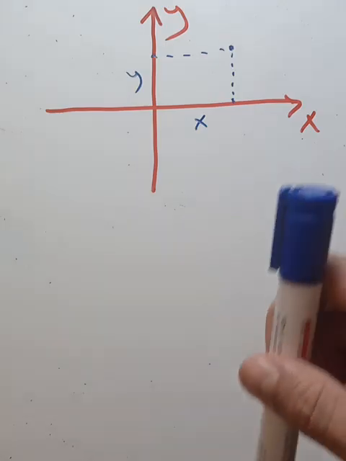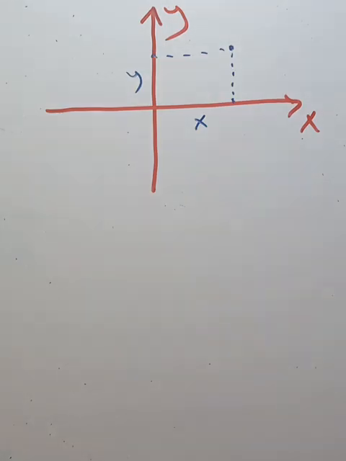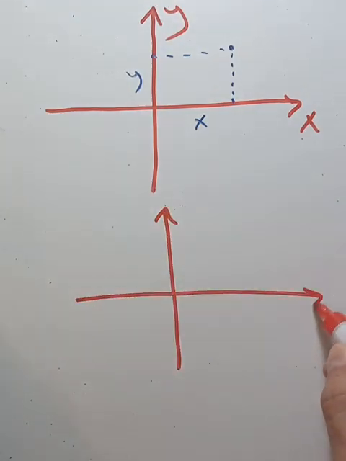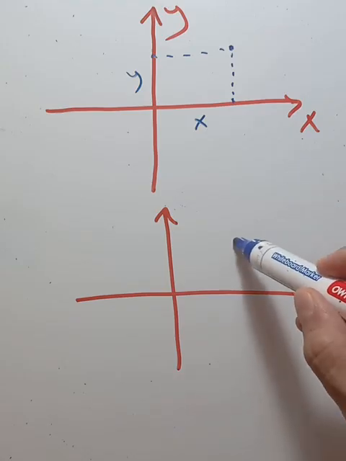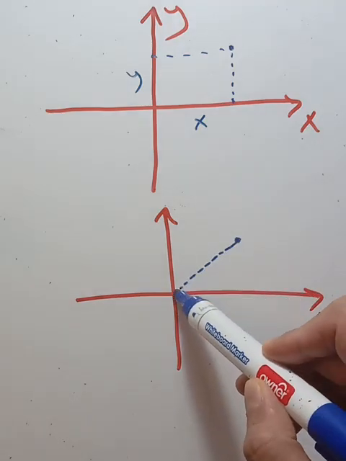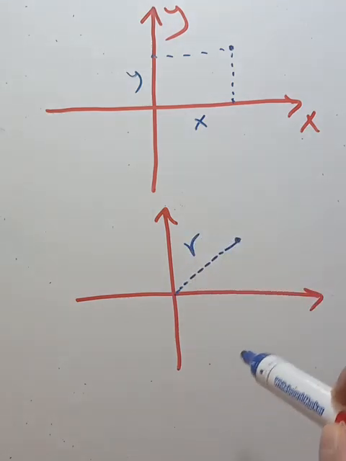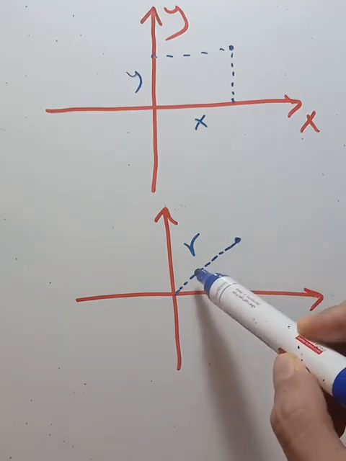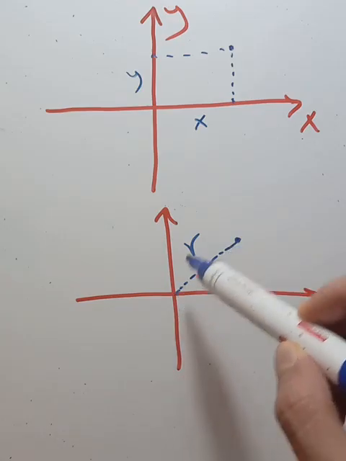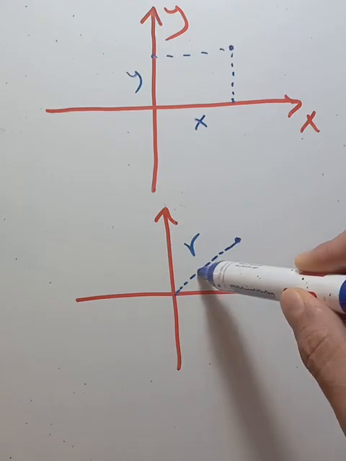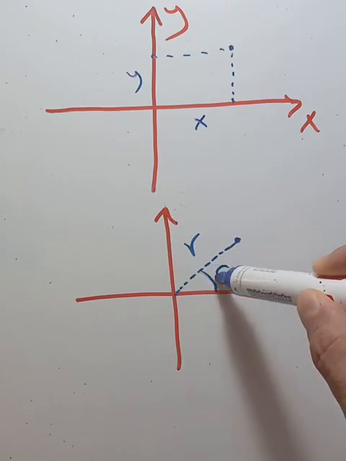Here's another one, which is called the polar coordinate system, in which the points on the plane are identified by their distances from the origin, which we show as r, and the angle between the line connecting the point to the origin and the positive part of the x-axis, which is this angle, and we show as theta.